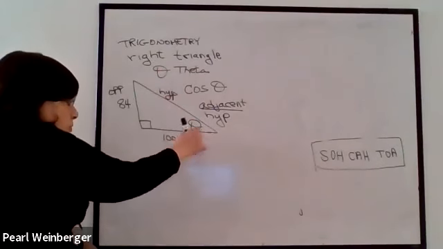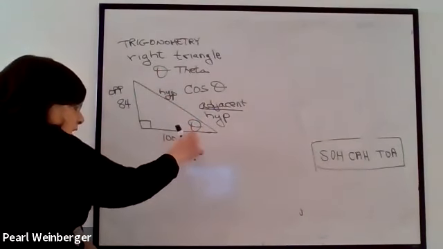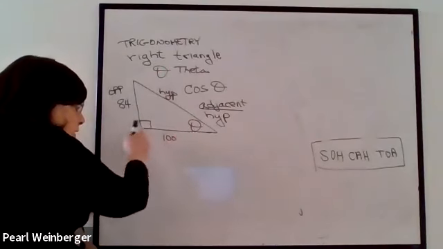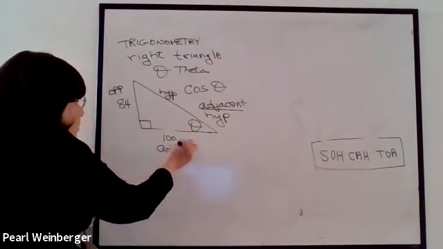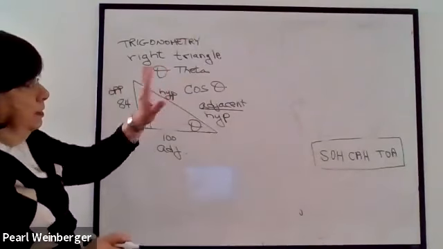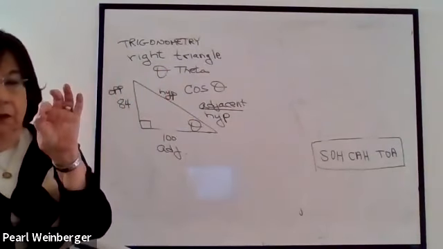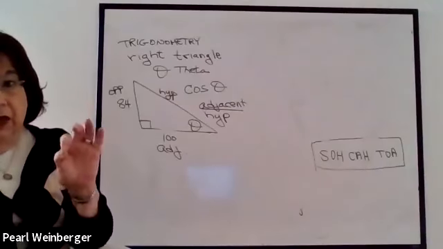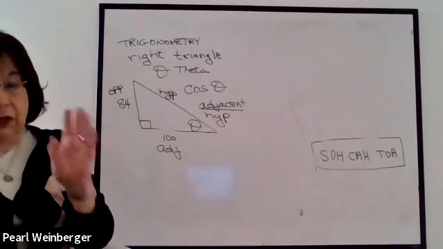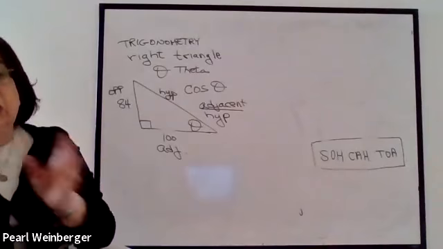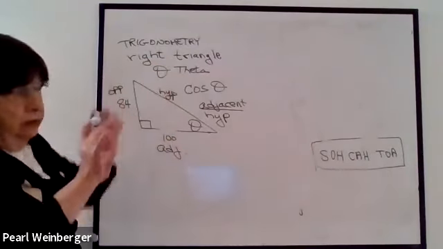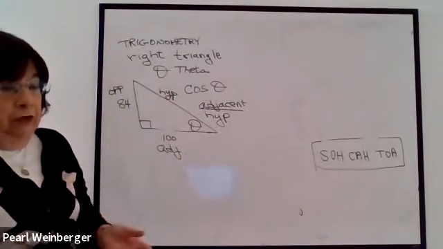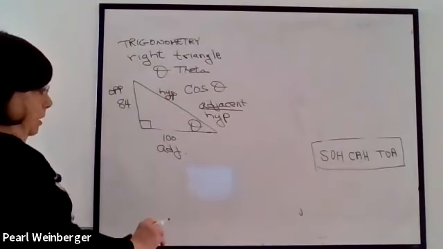And the third side, the second side that's attached to the angle, this one right here, that's going to be my adjacent. So now I've labeled my sides opposite, adjacent, and hypotenuse. And I'm going to show you in a minute why. Don't automatically put this opposite, this adjacent, and hypotenuse, because I'm going to do another problem that'll show you where that might be a problem.